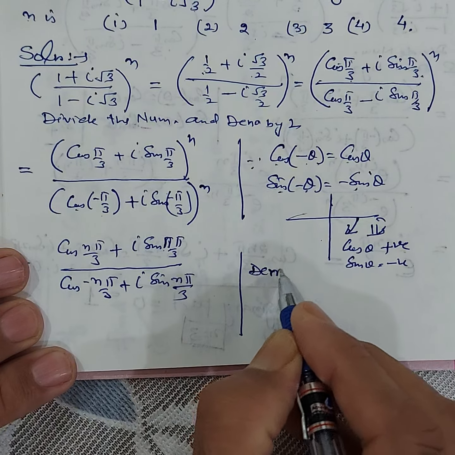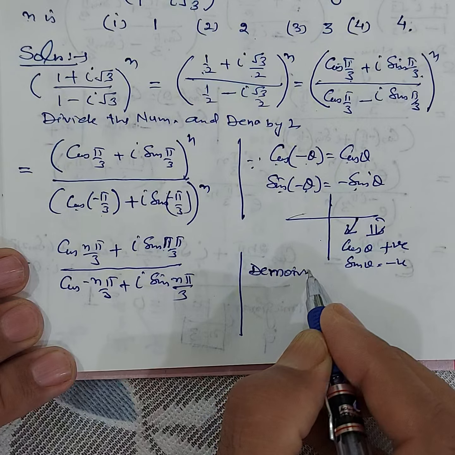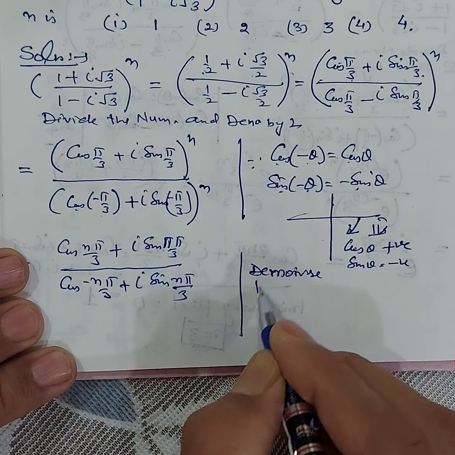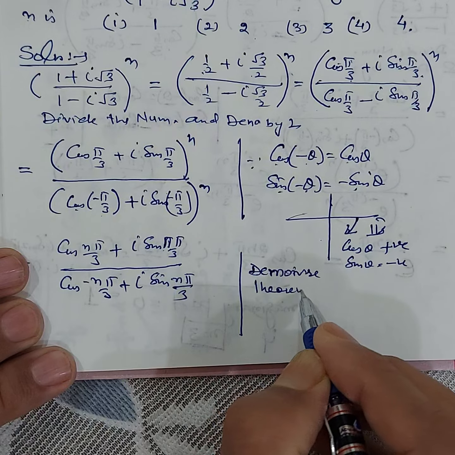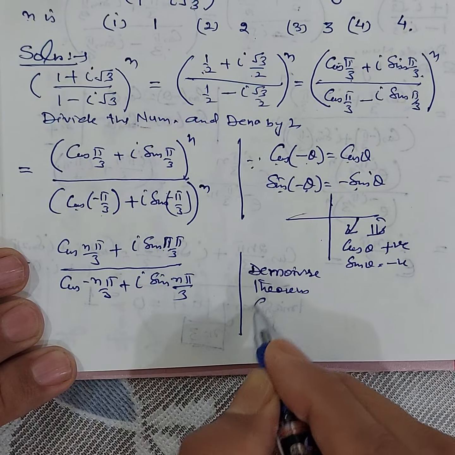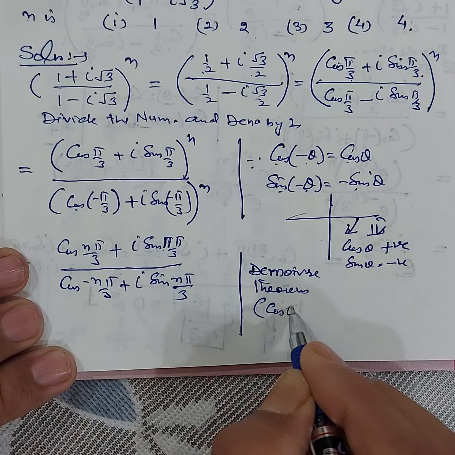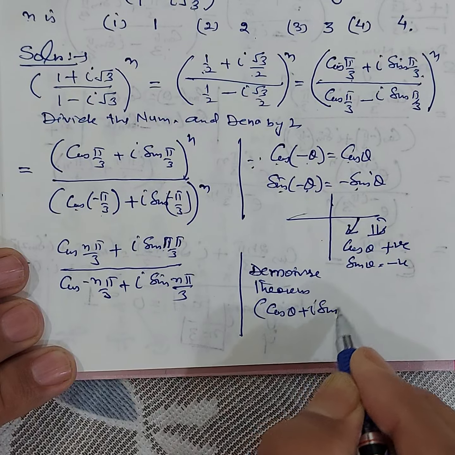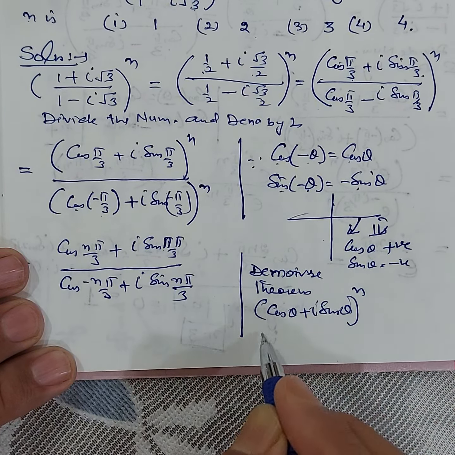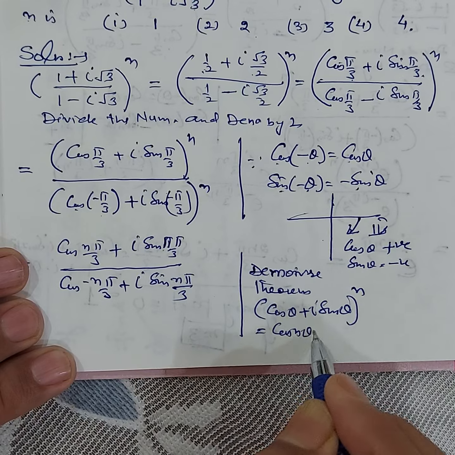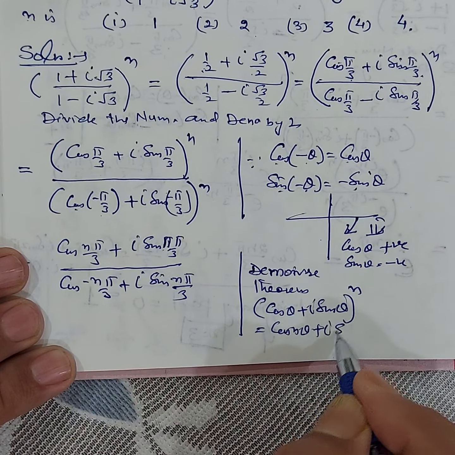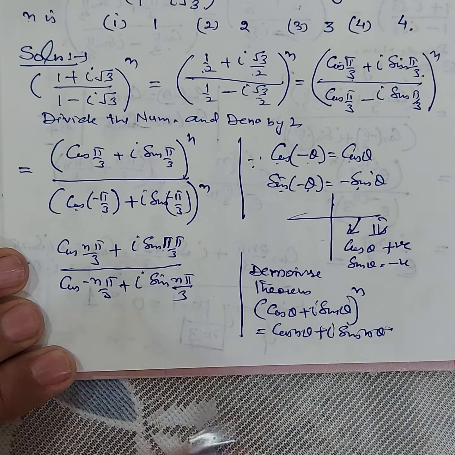De Moivre theorem is used here. We know cos theta plus iota sine theta to the power n is cos n theta plus iota sine n theta.